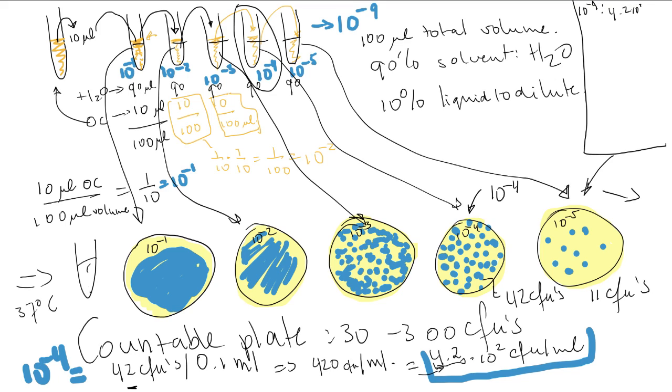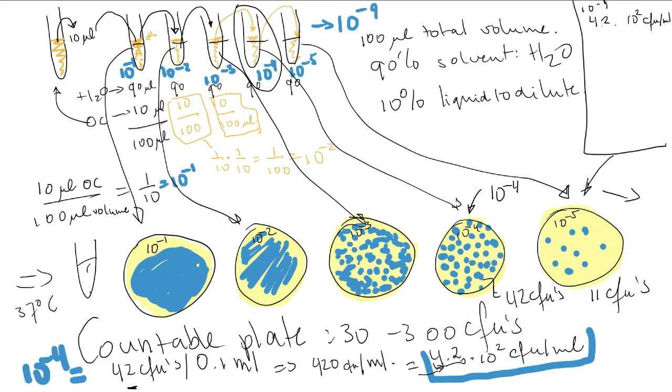Oh, I'm not doing a very good job writing here. Let's try that again. So the 10 to the negative 4 plate had 4.2 times 10 to the 2 colony forming units per milliliter.